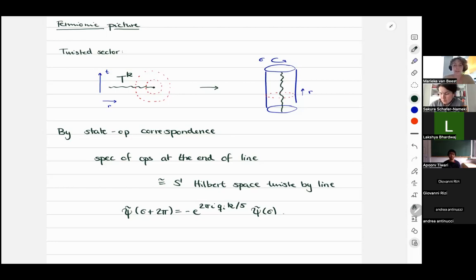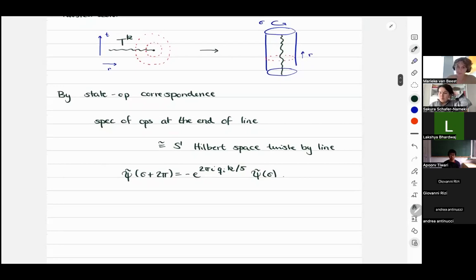We need to figure out what charge does the vacuum at the end of this line carry? What does it contribute? Okay, so again, we're going to let T be the generator of this Z5.